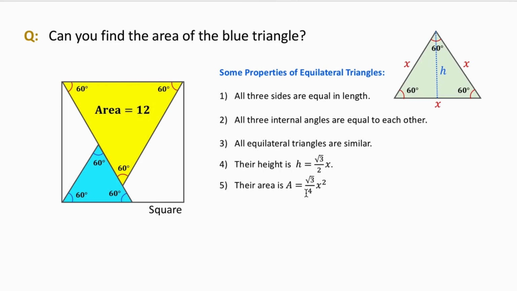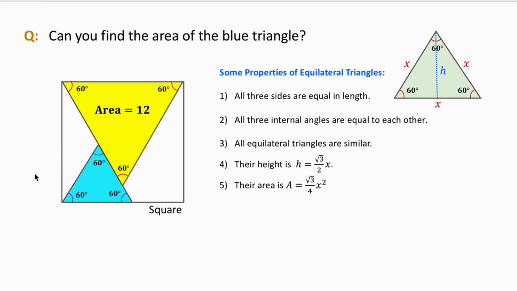And their area can be determined by this equation: square root of 3 times x squared divided by 4. These are some important properties of equilateral triangles. We will use these properties to find the area of this blue triangle.